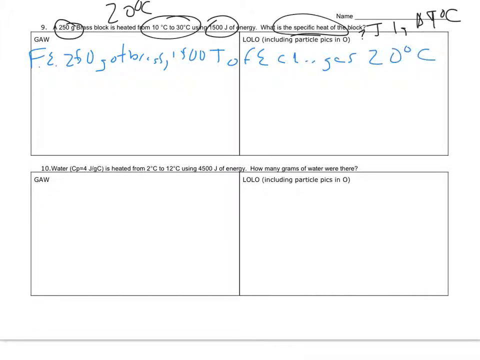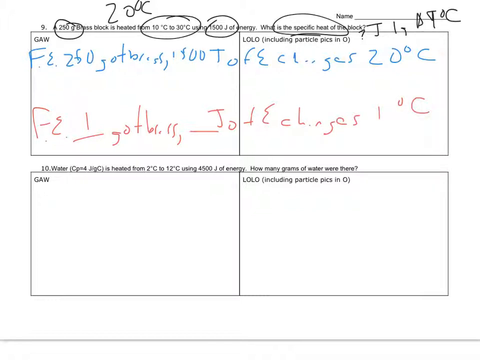Okay, and we want to know for every 1 gram of brass, blank joules of energy changes 1 degree Celsius. So in this case, we're going from 250 to 1 and 20 to 1.